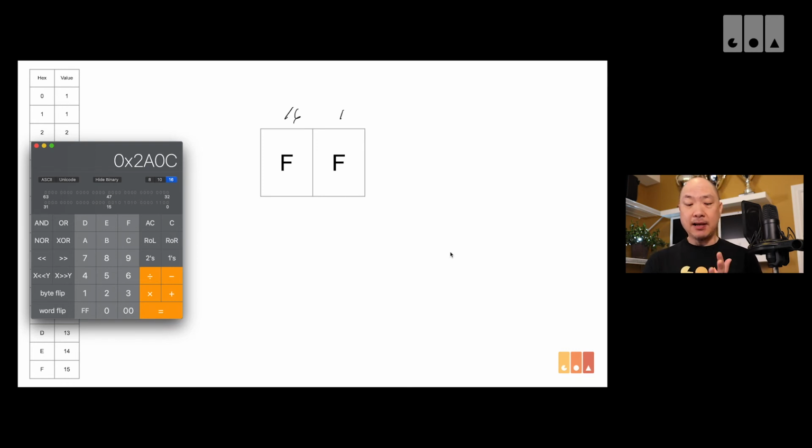A is 10, B is 11, C is 12, D is 13, E is 14, and F is 15. Okay, so we have F times 16 plus F times 1. So that's 15 times 16 plus 15 times 1.